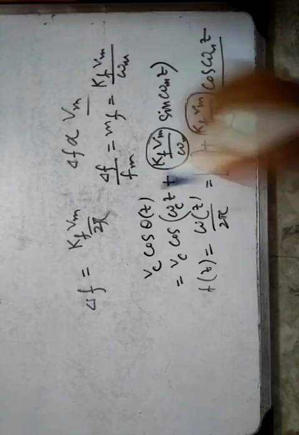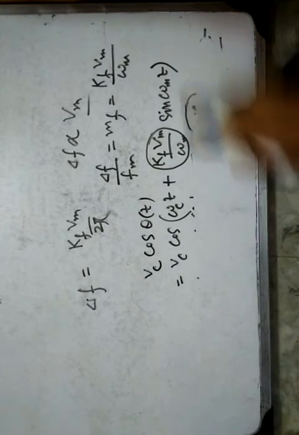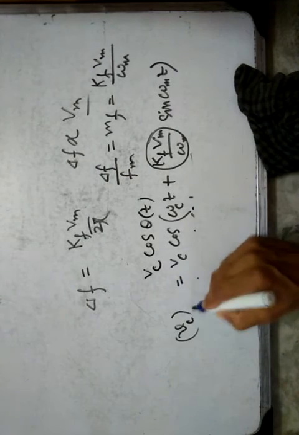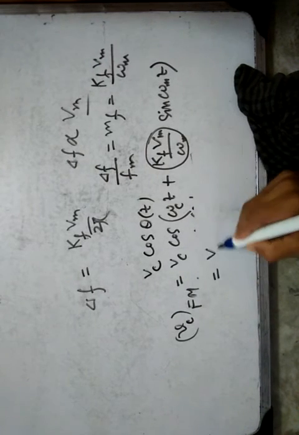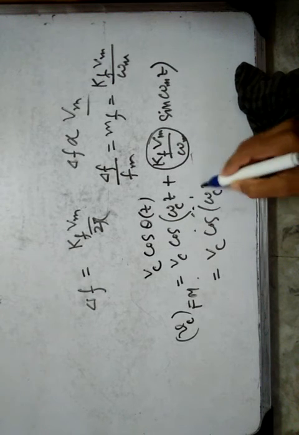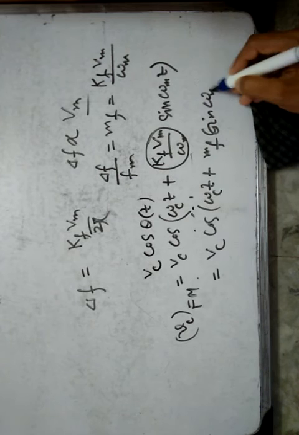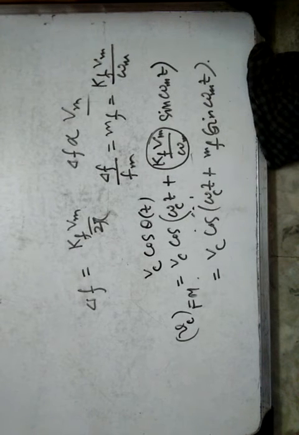Then this term is changed as: Vc frequency modulated is written as Vc cos of omega c into t plus mf sine omega m t.